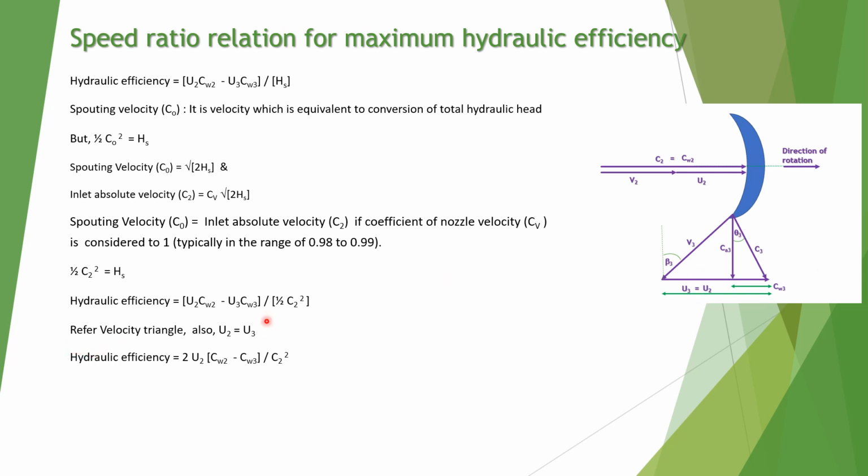Refer to the velocity triangle, U2 by U3. So we can write hydraulic efficiency is equal to 2 into U2 (CW2 minus CW3) upon C2 square.